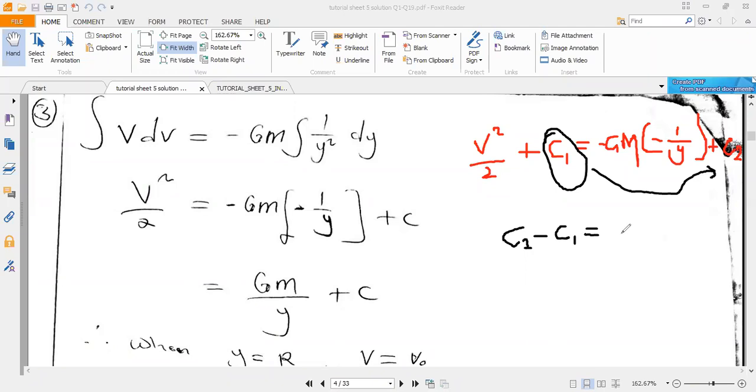A constant minus a constant, you still get a constant. But since you don't know what that constant is, you can still call it C. So after subtracting C1 from C2, you've gotten another constant, which is C. That's where I just said plus C, because I subtracted the two constants and then got the constant C. But that's a step I skipped and didn't show.